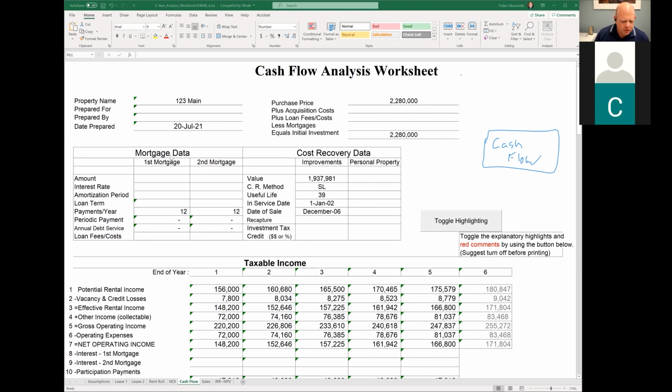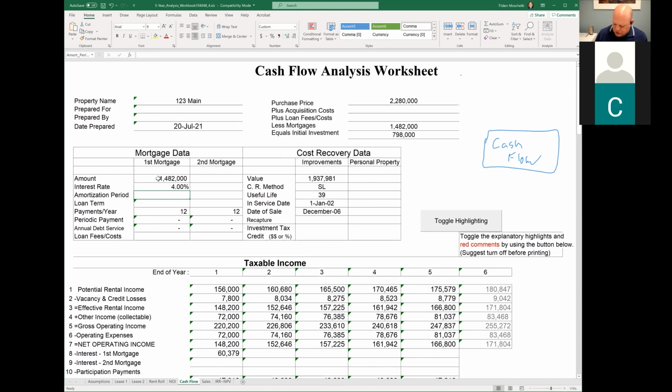Let's put in the first huge lever that we come to here, which is the amount of our loan. So let's say we lever it at 65% loan, which is 148,200. Say our interest rate is 4%.